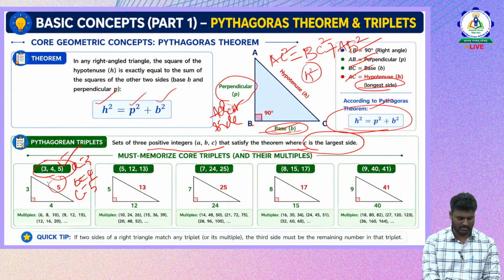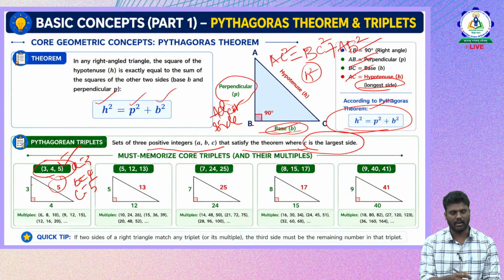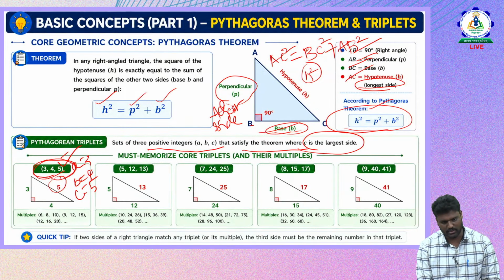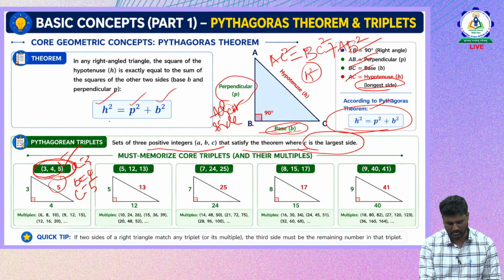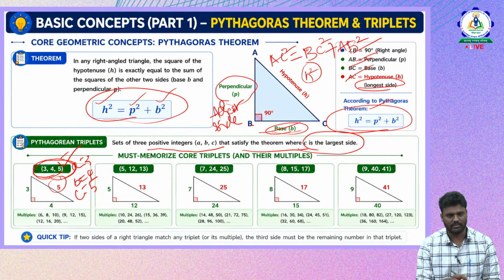The other two are smaller than 5, so 3 and 4 are the other, smaller sides. When these three positive integers satisfy the Pythagoras condition, then we say that these positive integers are Pythagorean triplets.